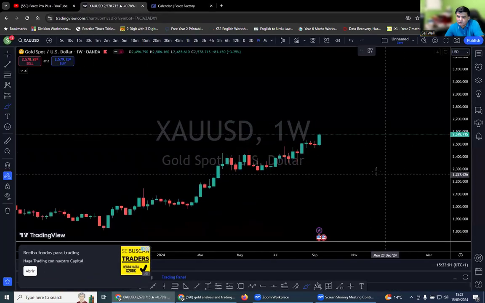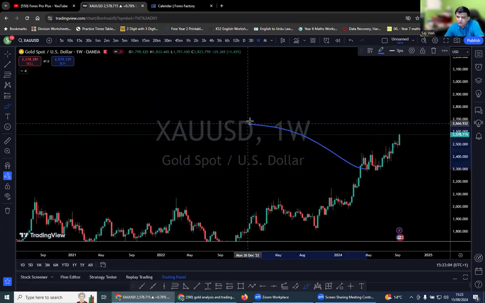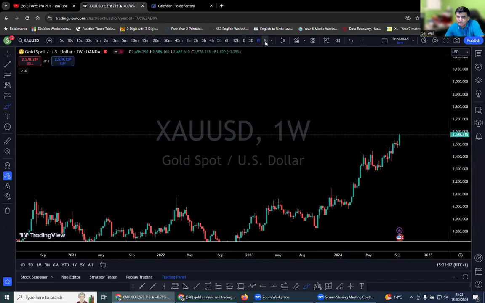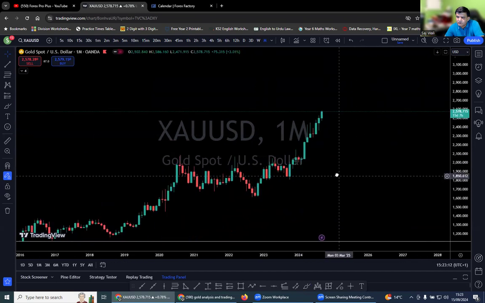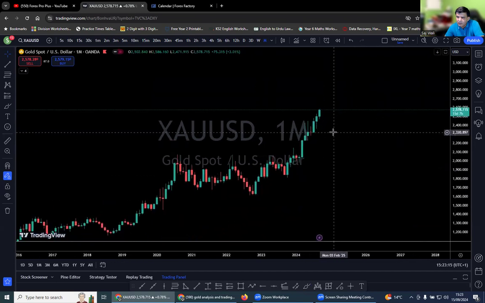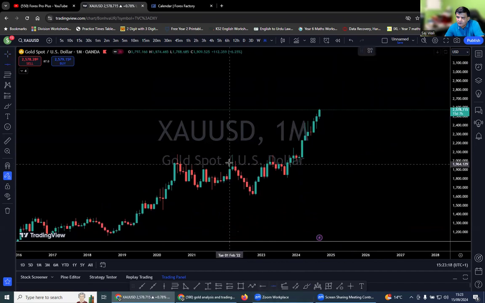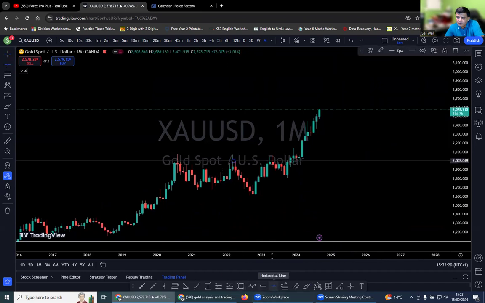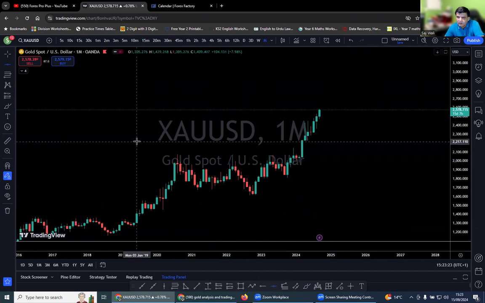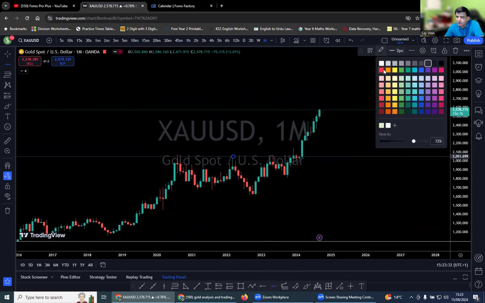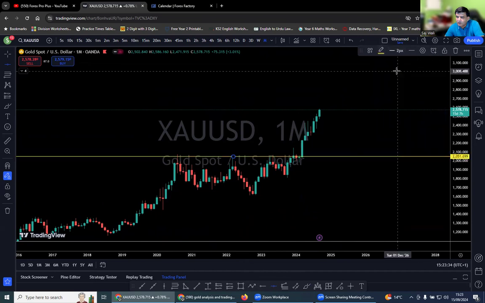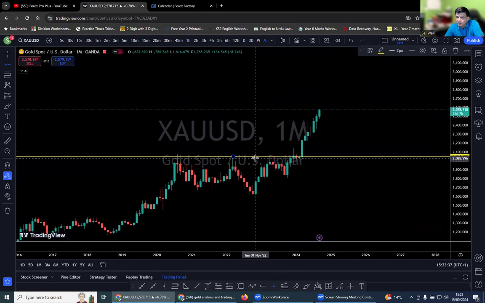Now coming to the chart, this is weekly. Sorry, let's start from monthly and see what's happening. Monthly we can see is a very bullish structure at the moment. We have this monthly level here. Let me change the color for you. So this is the previous month level.